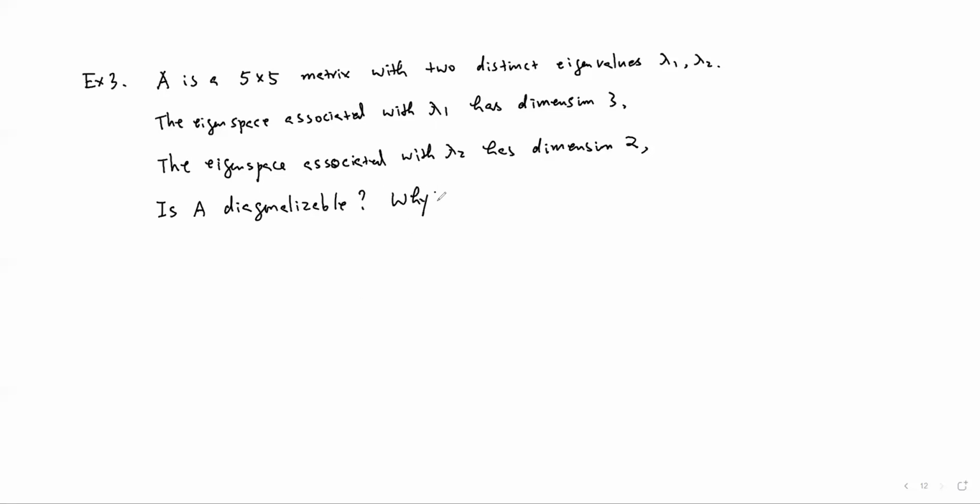Solution: matrix A is diagonalizable because we have 3 from the eigenvectors corresponding to lambda 1 and 2 from lambda 2. So we have 5 linearly independent eigenvectors, so we can form the matrix P.